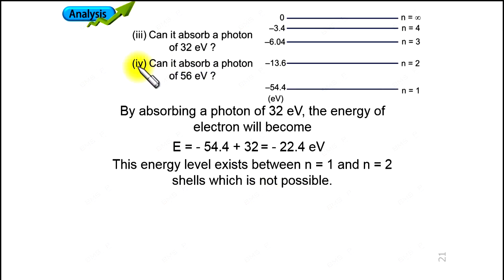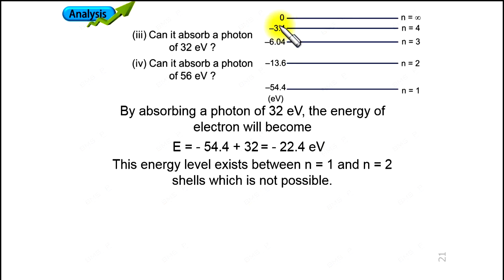Now, move to the fourth part of the question. Can it absorb a photon of 54 electron volt, right? That means if the electron is at the ground state, it is having energy minus 54.4 electron volt. After absorbing this much energy, the energy of the electron will be positive, and at n equal to infinity, energy is 0.